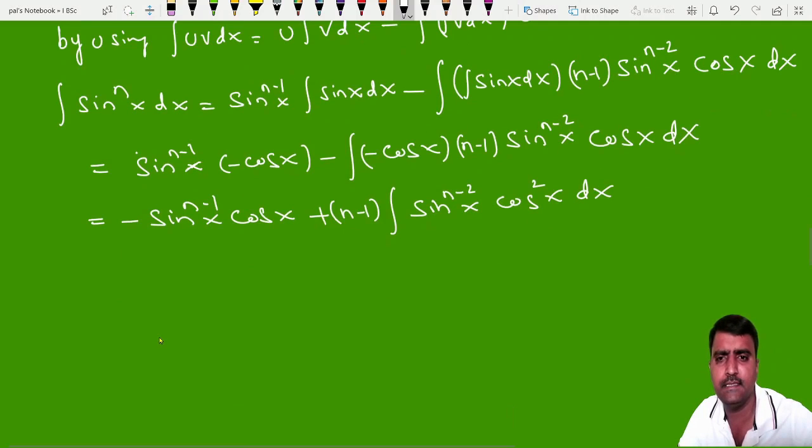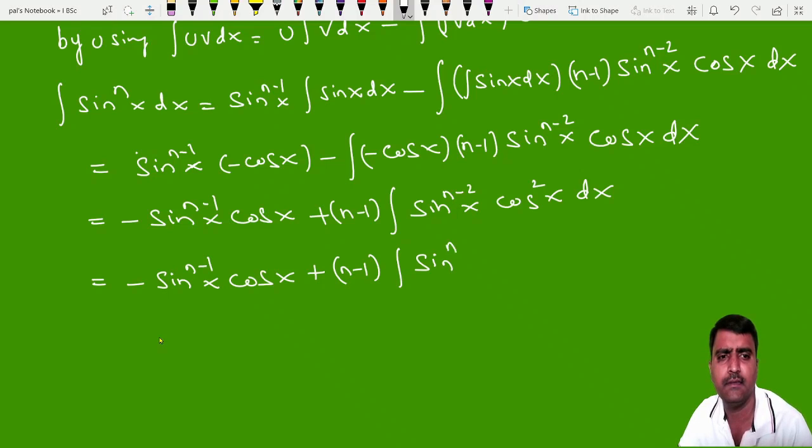So now this is equal to minus sin to the power n minus 1 x cos x plus n minus 1 into the integration of sin to the power n minus 2 x into cos square x, which can be written as 1 minus sin square x. This cos square x can be written as 1 minus sin square x into dx.